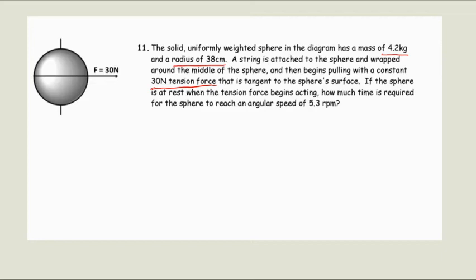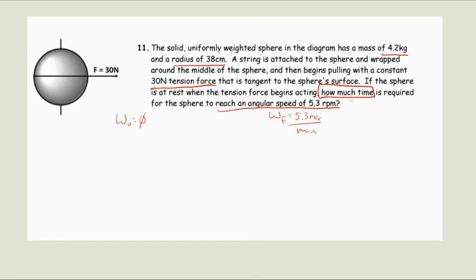If the sphere is at rest when the tension force begins acting, how much time is required for the sphere to reach an angular speed of 5.3 RPM? So, our omega final equals 5.3 revolutions per minute. And our omega initial equals 0.